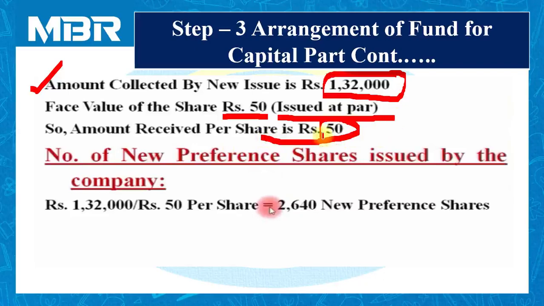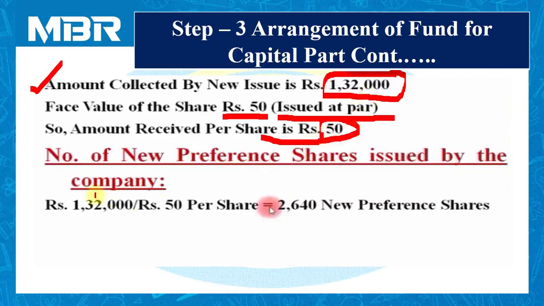Suppose the preference shares are issued by the company at a premium, then the amount received per share is more than 50, based on the percentage or amount of the premium given in the additional information. But for this particular question, we need not worry, because it is clearly mentioned that we have to issue our shares at par. At par means at face value.